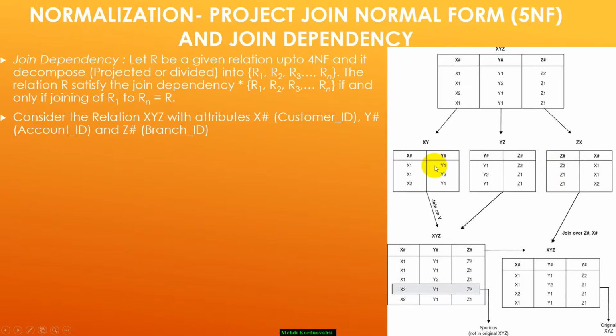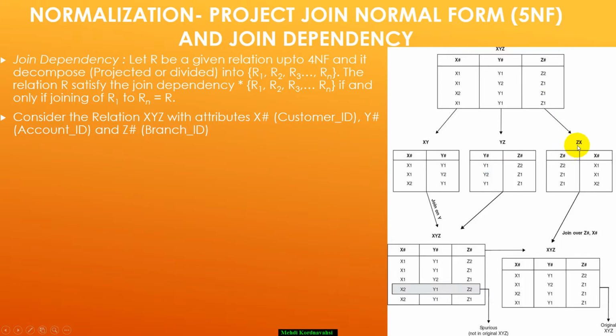and let's see here x1 and y1, x1 and y2, and x2 and y1. Just three records come here because for x1, y1, there are two records. Okay. And for yz, as you see, y1, z2, y2, z1, and y1, z1. We don't need to add the duplicate records.